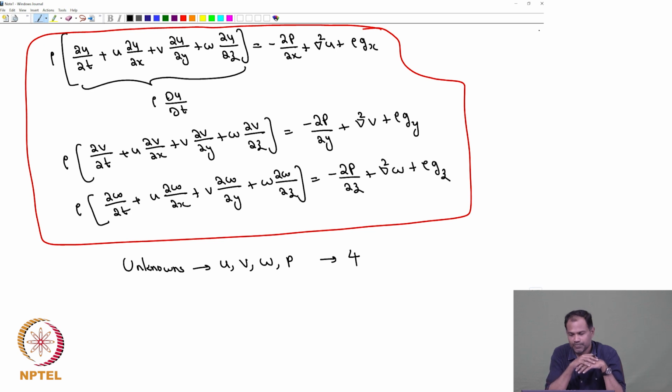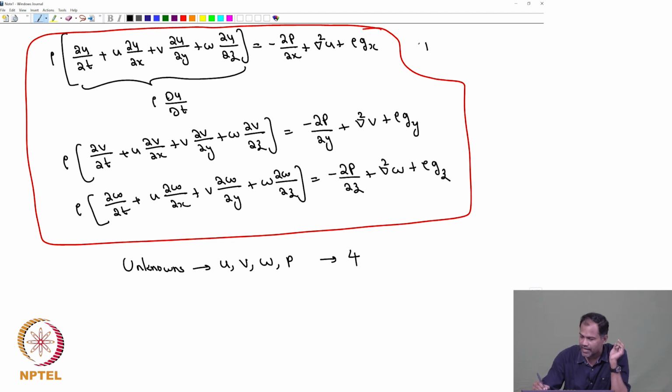Okay. The equations look a little more detailed, but there are many cases where it can be simplified and solved, and we will look at some of the cases later on, which will give us some insight into what the fluid flow looks like in a given situation. So, these equations that we have derived, we have assumed Newton's law of viscosity, we have assumed incompressibility.